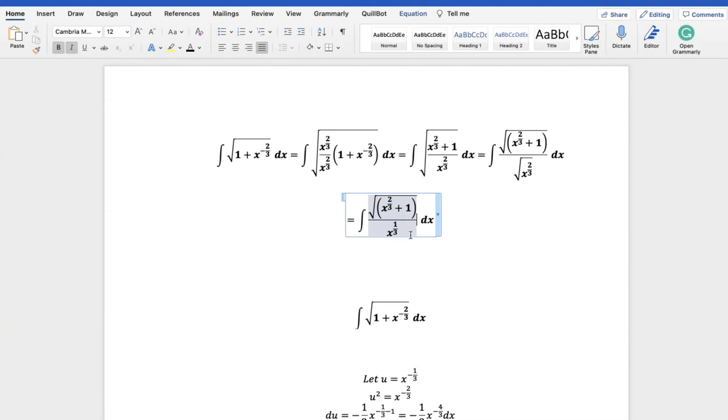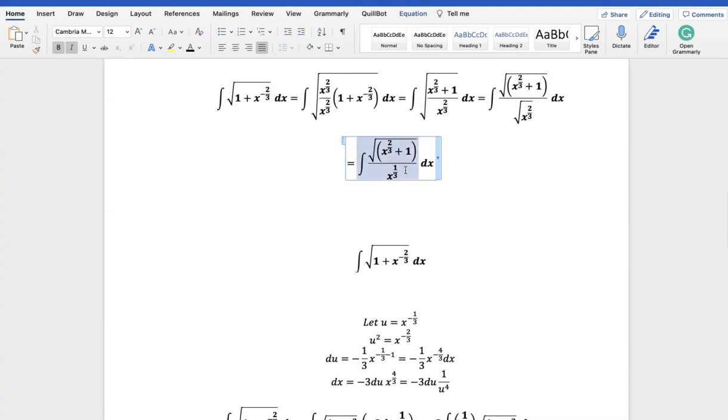Right? I hope you guys can see that. So then this is what you have as your simplified integral. And now you can use substitution to solve this.